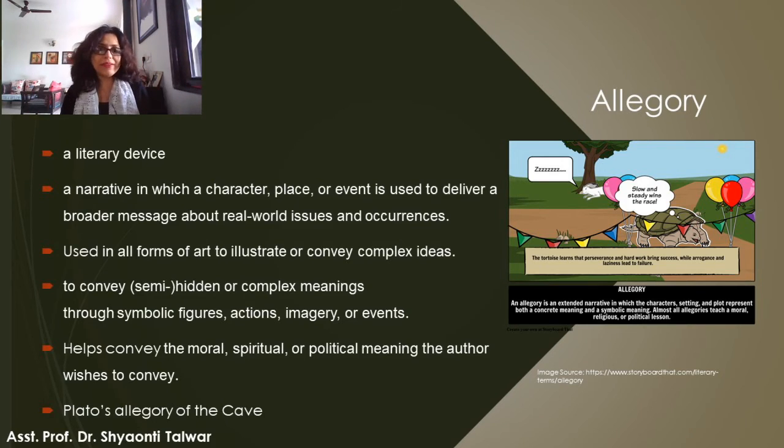So through this allegory, the writer, in this case Plato, the philosopher, is trying to tell us about knowledge and enlightenment. The circle that we are a part of is like a cave, and we normally don't want to move out of that circle, out of that confined realm of knowledge that we are familiar with, that we are comfortable with, and we refuse to acknowledge the presence of a bigger, more complex, wider world out there, populated by different kinds of people.